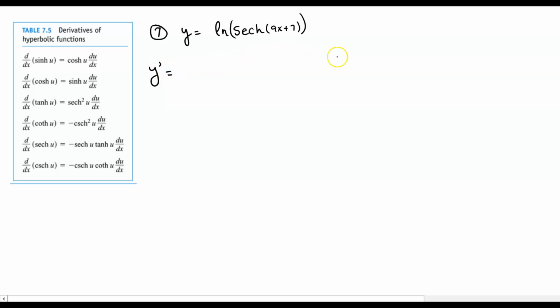All right. So if I look at this, I know that I'm going to take the derivative y prime, and it's going to be the derivative first of the natural log function, which is 1 over u. So in this case, it's going to be 1 over the sech of 9x plus 7. Now I'm going to multiply it by the derivative of the inside. Well, by this chart here on the side, the derivative of sech is negative sech tanh.